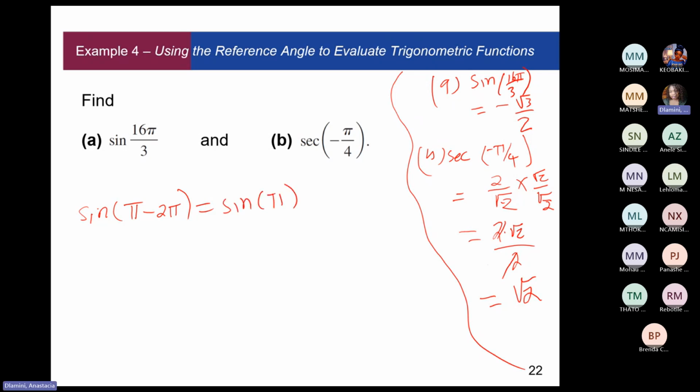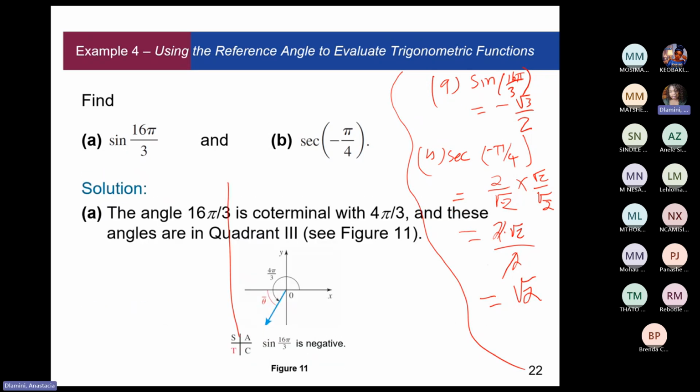Guys, that relationship, or sine of theta plus 2 pi is the same as sine theta. Yes, ma'am. So now we go to that relationship and say, okay, fine. Before we start, let's find the reference angle.